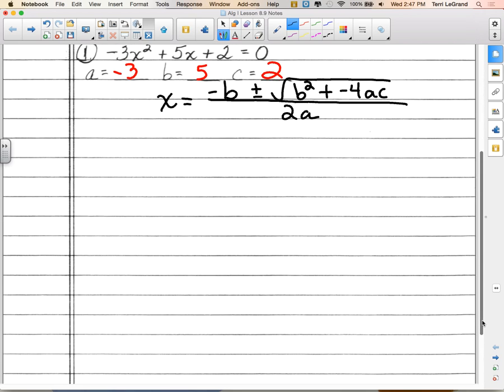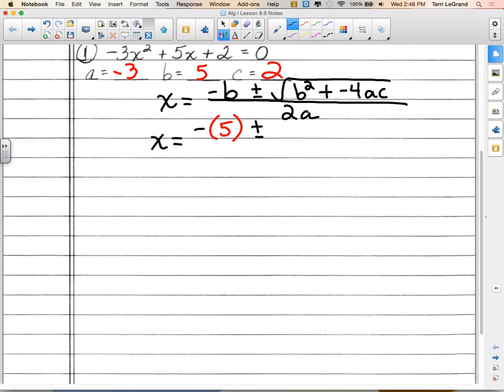Okay, our first step is going to be substituting in. So we have x equals, remember that's what we're solving for. The opposite of, we're going to put a 5 in parentheses, our b value. Then we have our add and subtract, our little shortcut way of showing a positive or a negative.